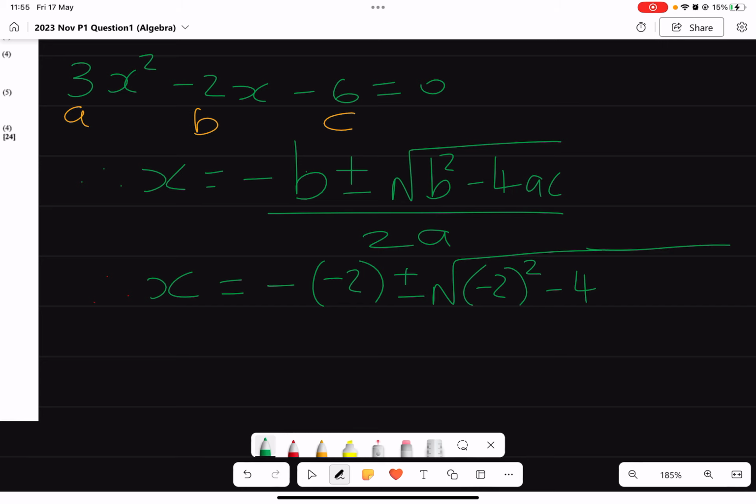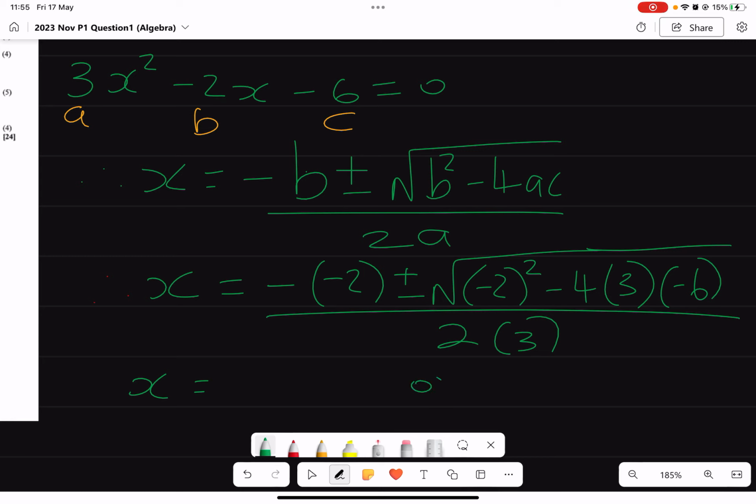I'm sure you see that I always use brackets when I substitute. Then now let's see, what does this give us? Remember you're going to get 2 answers.